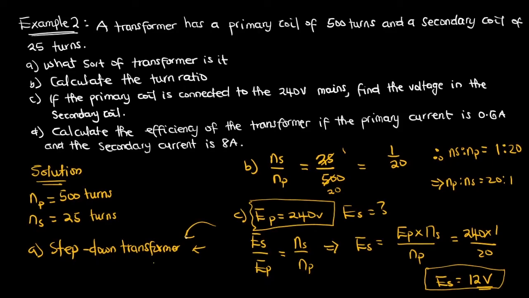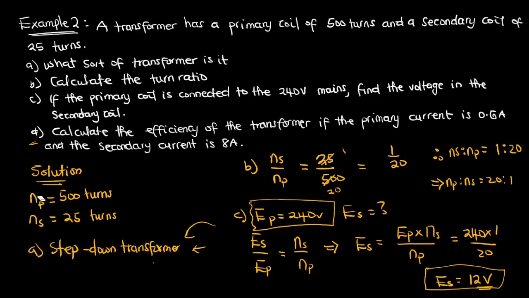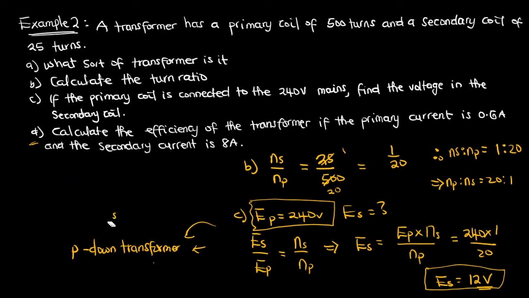All right, so now that we have this, let's go ahead and look at the D option of this particular question. Now the D is saying that we should calculate the efficiency of the transformer if the primary current is 0.6 and the secondary current is 8 amperes, right? So let's have a look at that.